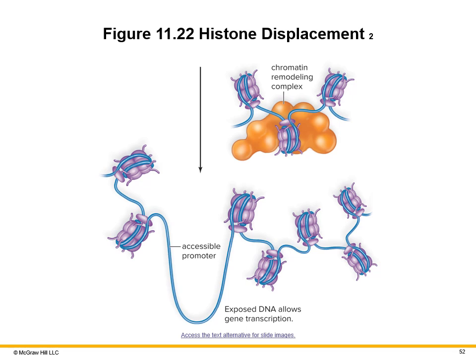As we can see here, there is a chromatin remodeling complex that interacts with the chromatin in order to unwind that DNA and make it more loose so that it's able to be transcribed more easily.